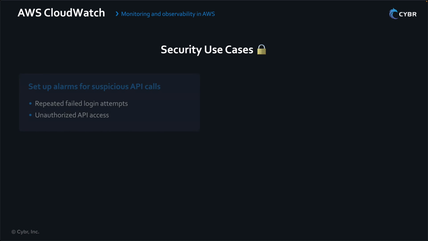And actually, speaking of a security perspective, CloudWatch has many practical use cases for security. So let's go ahead and talk about a few examples. We can use it to set up alarms for suspicious API calls, like if you have any repeated failed login attempts, especially against root or an admin user, or if you have a lot of unauthorized API access requests.